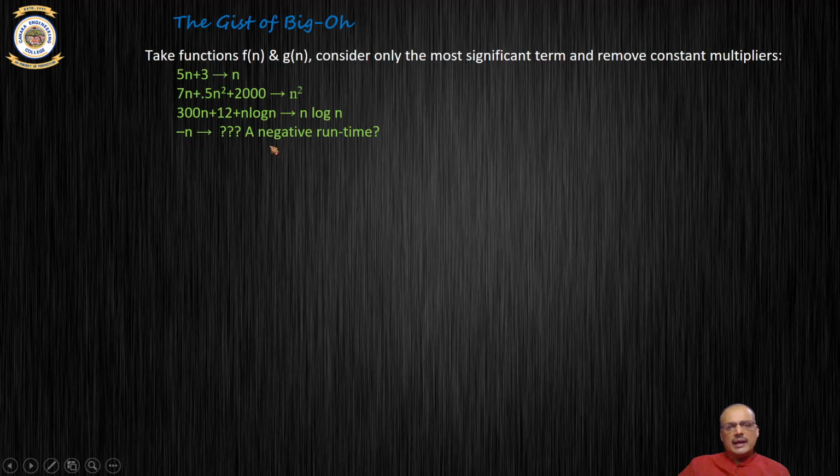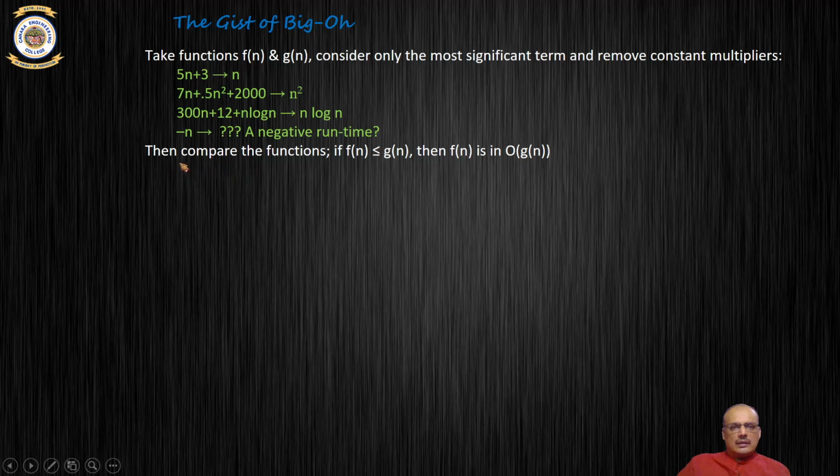Similarly, a negative runtime is not a valid thing, so we don't have complexities in negative. Having done this, we compare this g of n with the actual f of n, and we say that f of n is in the range of g of n for some value of c and n naught.